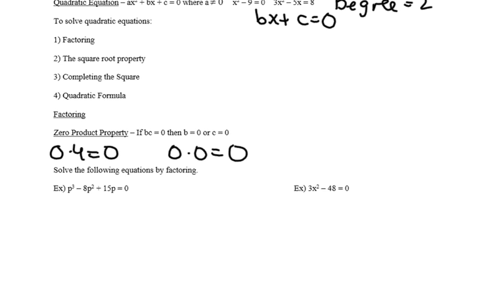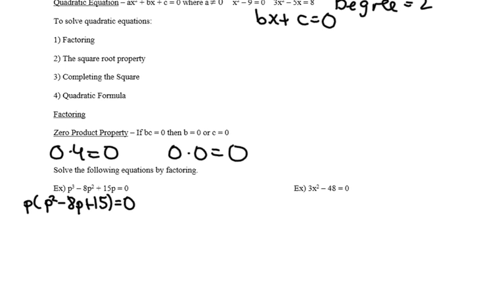All right, so now let's take a look at solving equations by factoring. So we see p cubed minus 8p squared plus 15p is equal to 0. Remember, the very first thing you do when you factor is to factor out the greatest common factor if possible. Notice every single term has a p. So I'm going to factor out the p. That leaves me with p squared minus 8p plus 15 is equal to 0.